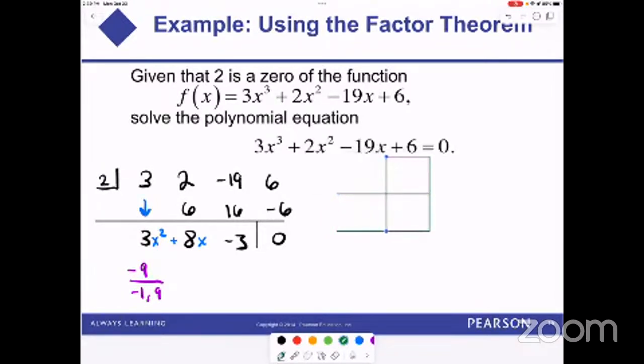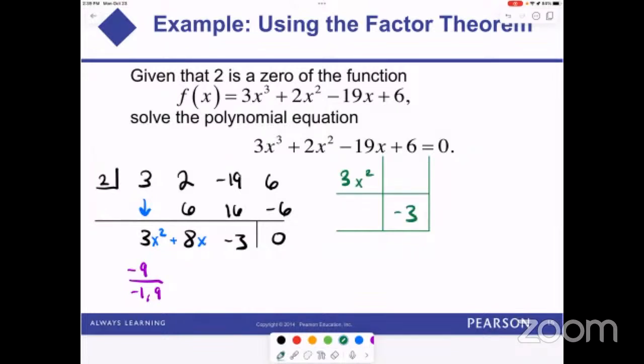So with the box method, in the upper left-hand corner goes our leading term, which is 3x squared. In the bottom right goes our constant, which is -3. And then off the other diagonal, we rewrite the 8x using the 2 numbers that we just found. So we have our -x and our plus 9x.